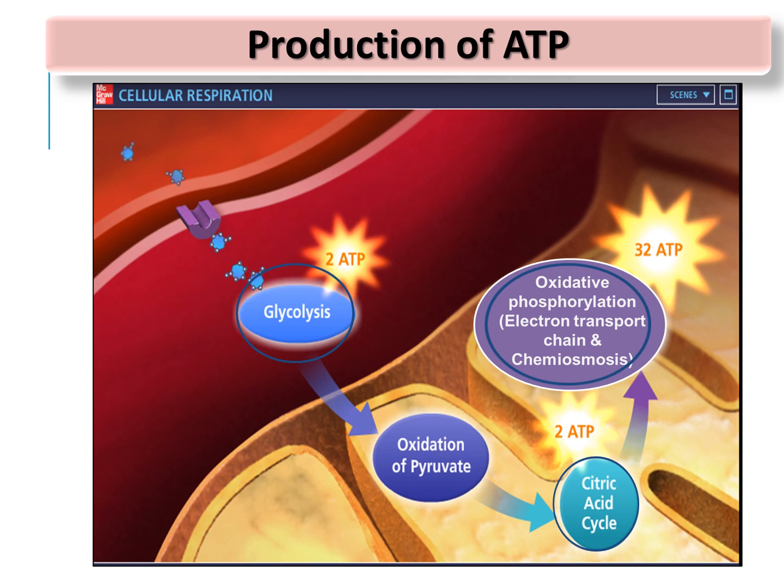Substrate level phosphorylation produces a small amount of ATP, which is 4 ATP only, 2 ATP in glycolysis and another 2 in citric acid cycle or Krebs cycle, whereas oxidative phosphorylation produces a large amount of ATP, which is 32 ATP per molecule of glucose.